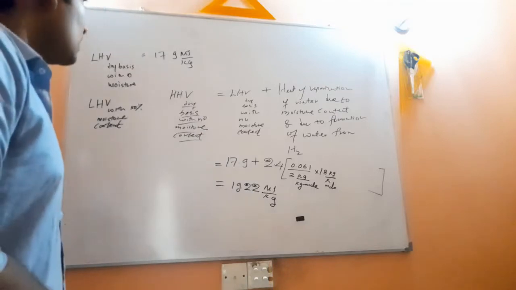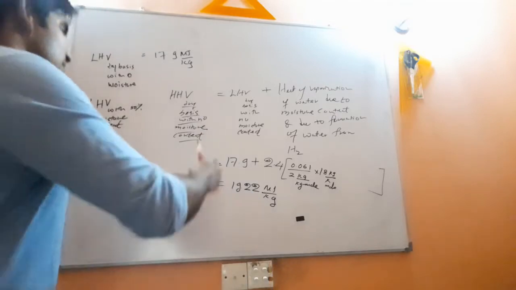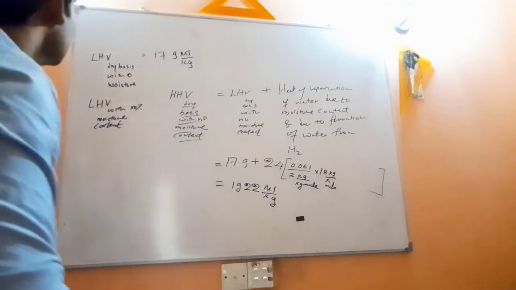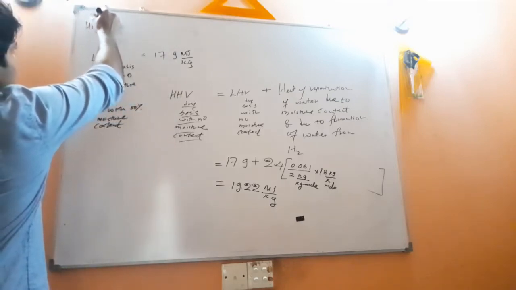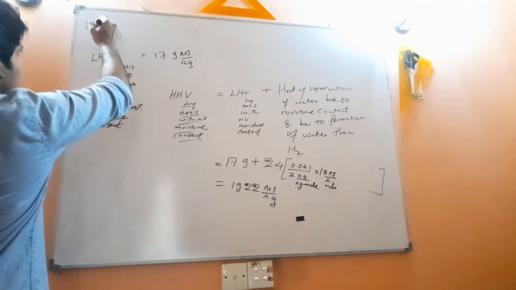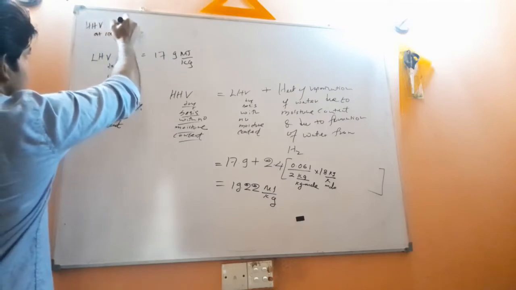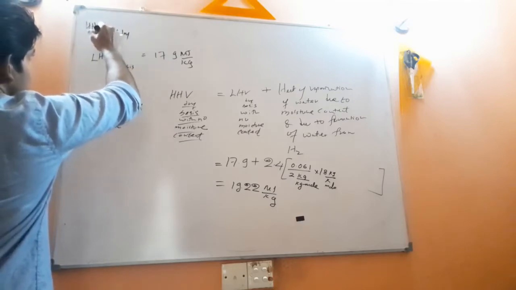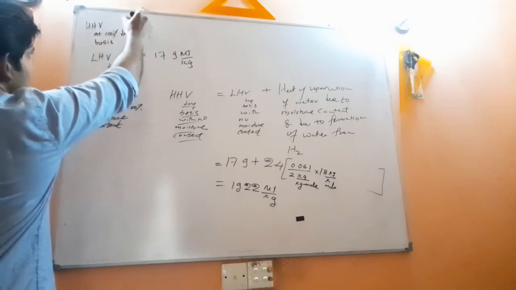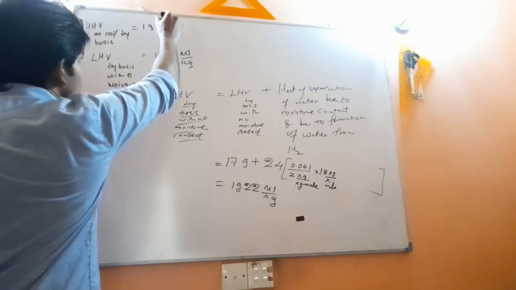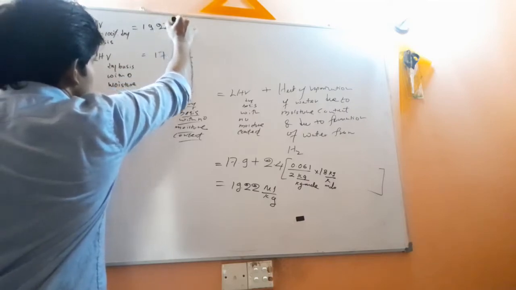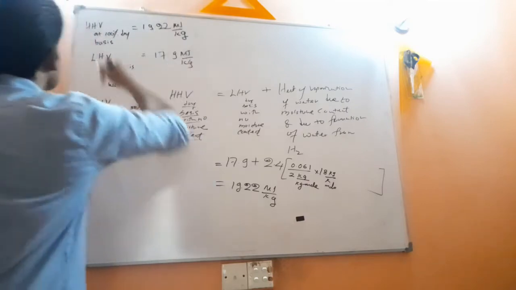Now we will write that value somewhere: higher heating value at 100% dry basis is 19.22 megajoules per kilogram. Let's put a star.